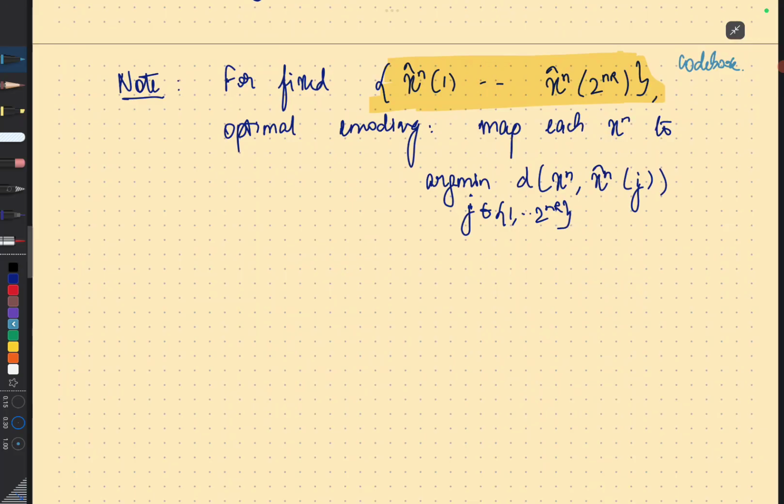One way is I could look for the optimal code book. I could search for the optimal code book for a given distribution Px. But instead, what I do is I'll construct a completely random code book. All right, I'll pick a distribution and I'll pick a sequence of 2 to the nr code words that are randomly distributed according to that particular distribution.